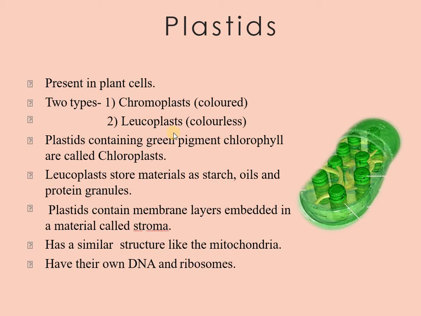It can be amyloplasts if they store starch, aleuroplasts if they store protein, and elaioplasts if they store oil. They are mostly present in the storage cells of roots and underground stems.